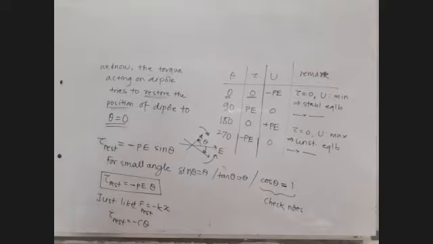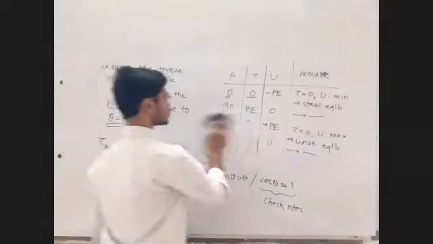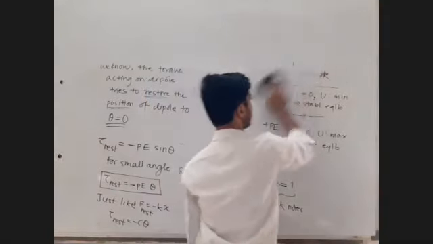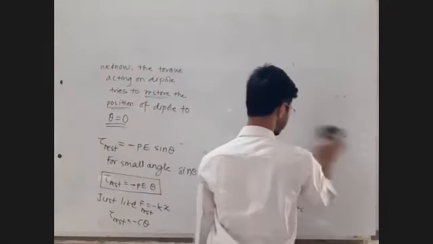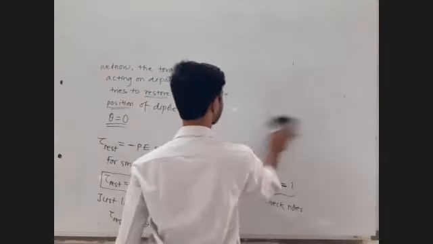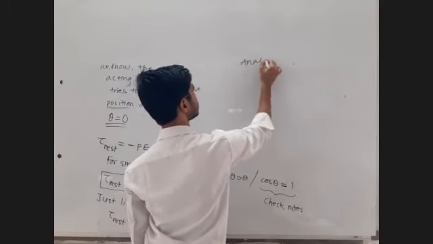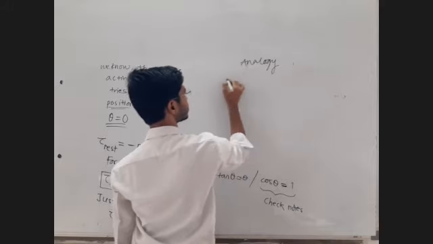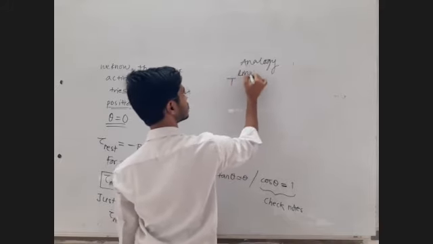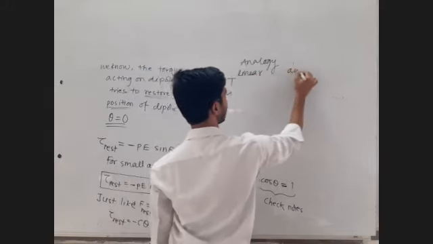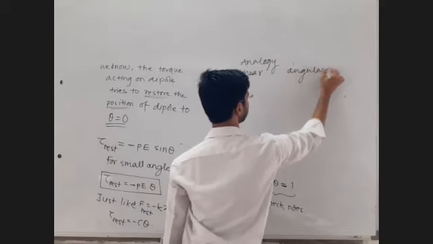Once you have the value of k of the system or the value of c of the system, you can get the time period of the system. So what is the analogy of the time period? Time period in linear and time period in angular. Of course, SHM.